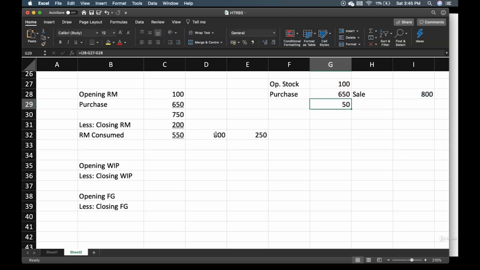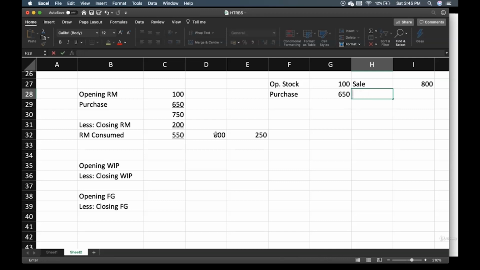Again, no. It's because you had 750 worth of material, but at the end of the year, when we look back, you still have some items with you. That is, you have closing stock, right? You have closing stock of how much? 200. It means your profit is different.